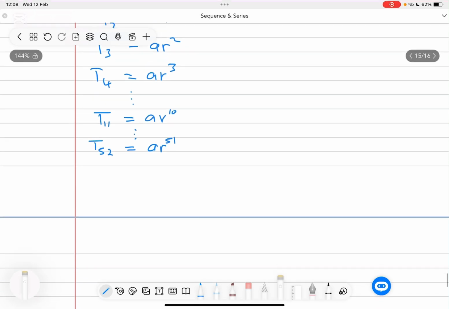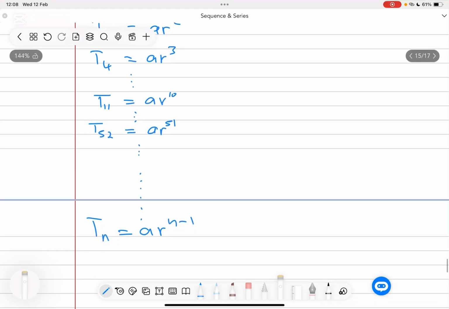Now this pattern can continue going on like that. I'm going to use this space here at the bottom to say it will get to a point where we get to Tn, the nth term, and it's going to be defined by a r to the power n minus 1, because the exponent is always 1 less than the number of terms. And Tn is the nth term, and if you look at this statement here, it then becomes actually a formula.